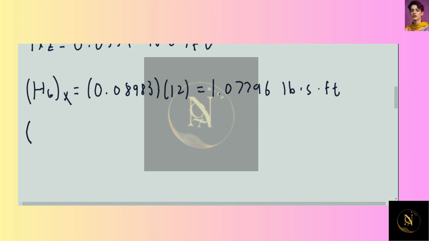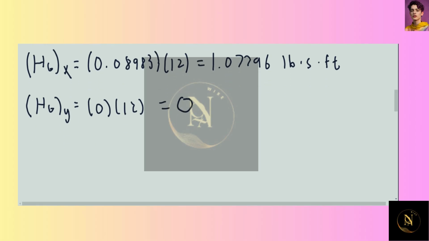Now we get our y component, which is going to be 0 times 12, which will just be 0. Now we're going to get our z component.